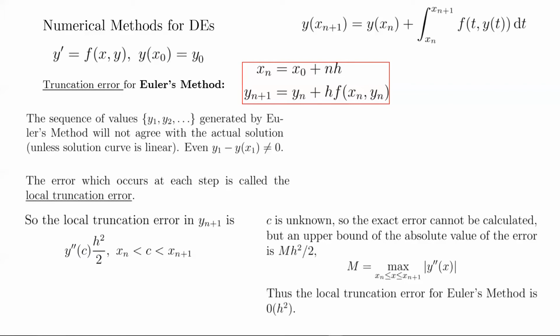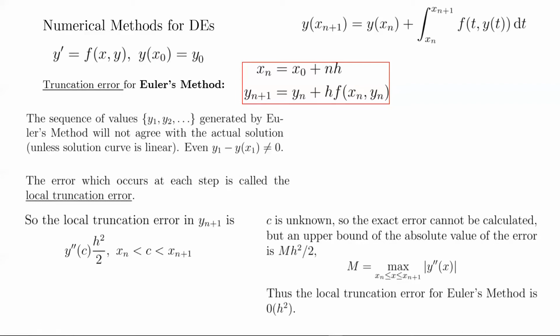This is what we call the local truncation error for Euler's method, and we say it's order O of h squared, because the local truncation error has an h squared in it. So the error is proportional to the step size squared.